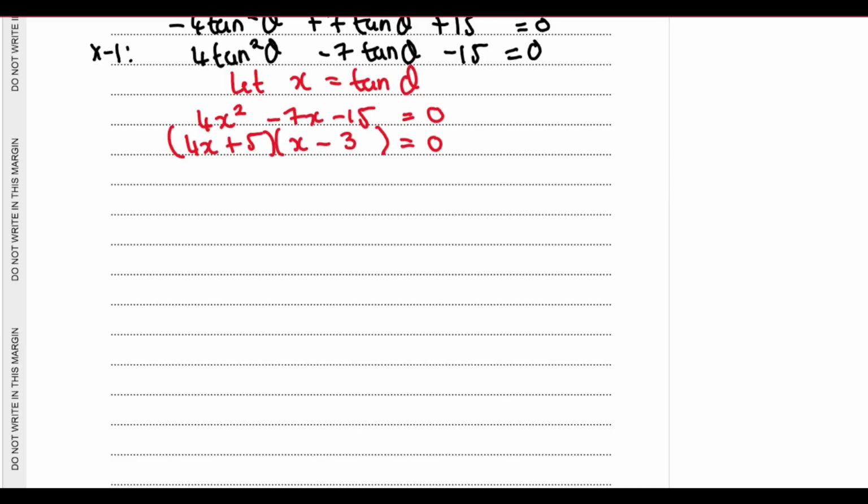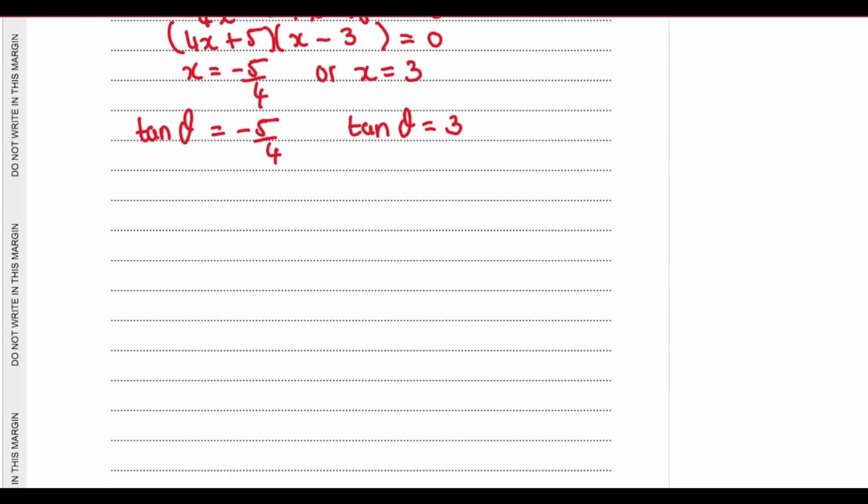Then we'll have x is equals to negative 5 over 4, or x is equals to 3. But we're not solving for x, we're solving for tan theta. So tan theta is equals to that because x is tan theta, or equals to that. Okay, we're almost there.